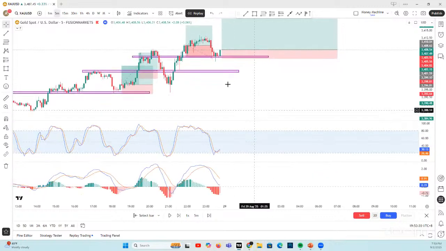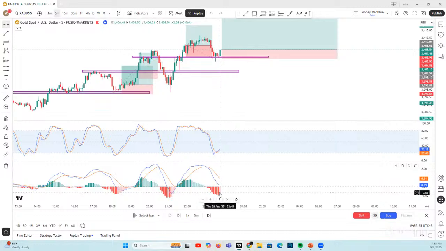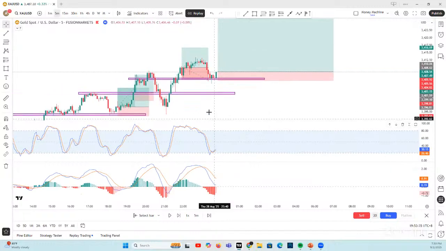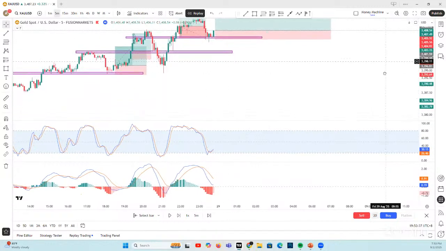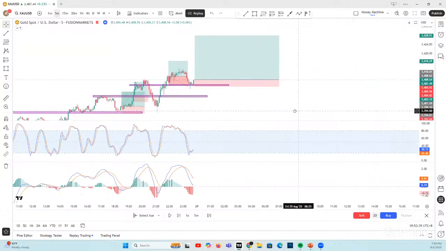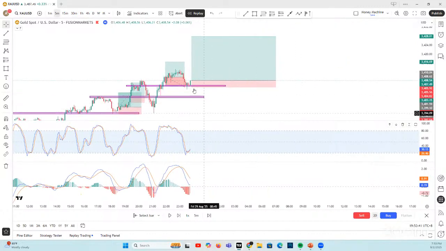Let's see our stochastic. Where is it now? Okay, it made a crossover. Okay, MACD is showing some weakness here. Now instead of red, it's giving these pink bars, but still there is no crossover. But that is one thing you have to take into account if you want to enter at this point in time, this early, or wait for more confirmation.